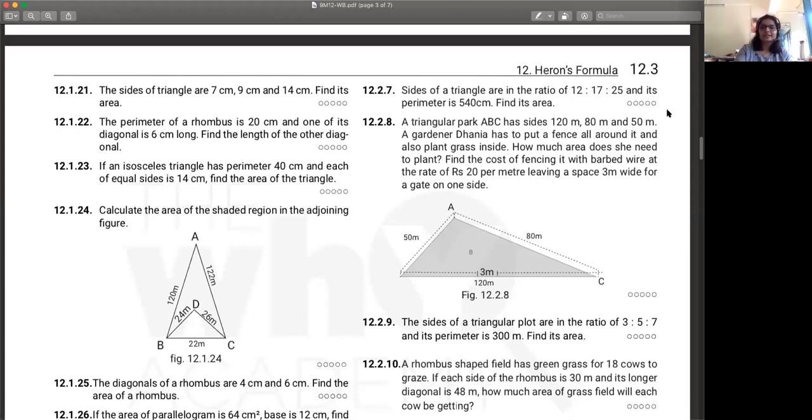Good. So I'll just do this quickly so that the rest of you can just check it. So that is 12.2.7. You're given a ratio of sides equal to 12:17:25.